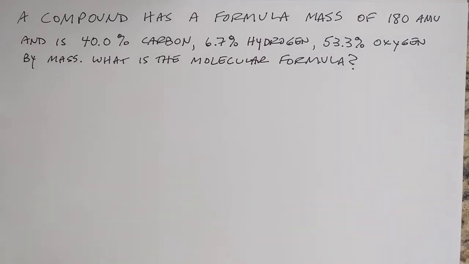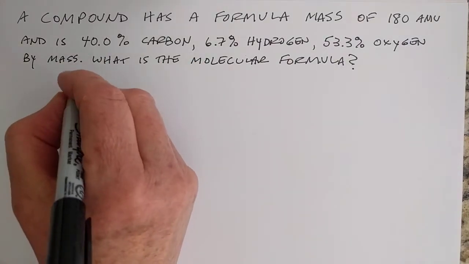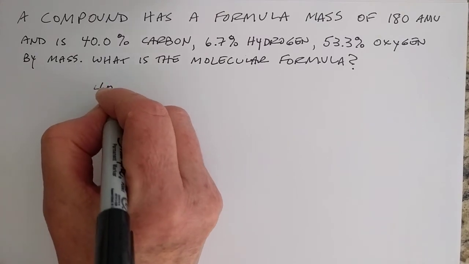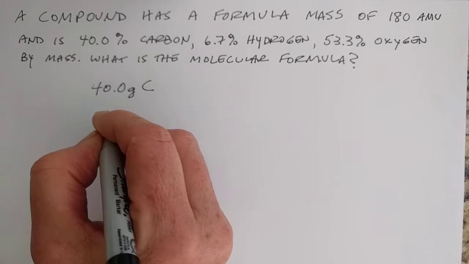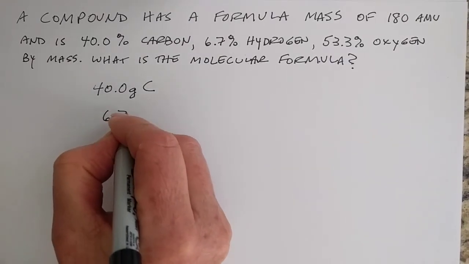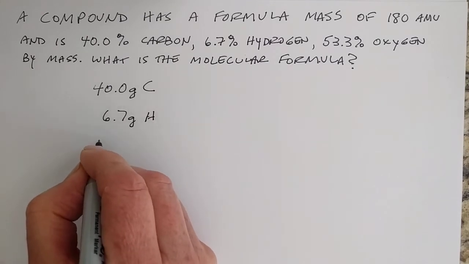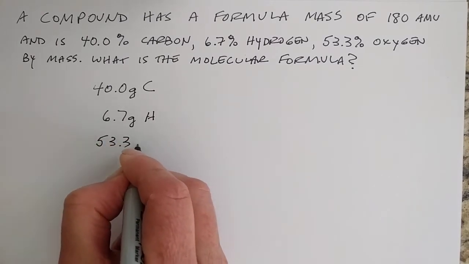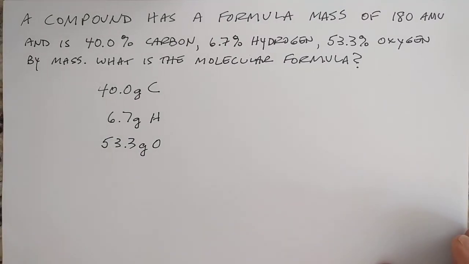Okay, so we're going to do it just like we did empirical formula. So 40% carbon with a 100 gram sample means we have 40.0 grams of carbon, 6.7% of 100, 6.7 grams of hydrogen, and 53.3% of oxygen means we have 53.3 grams of oxygen in a 100 gram sample.